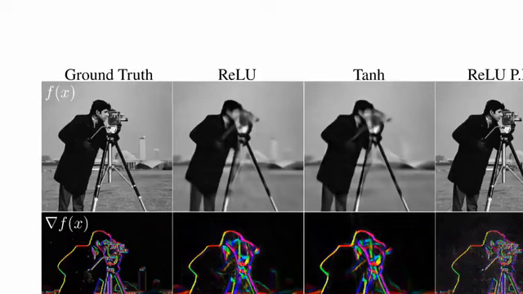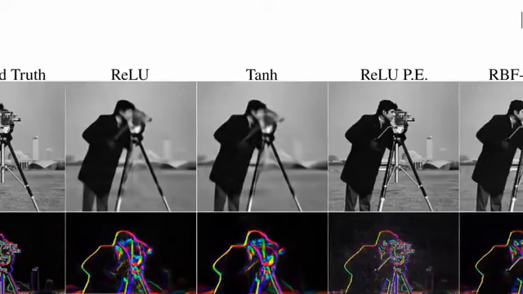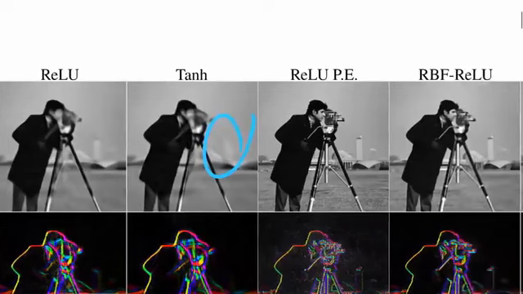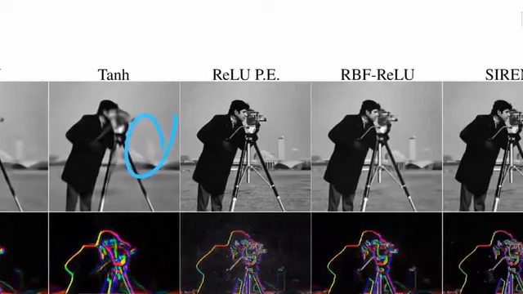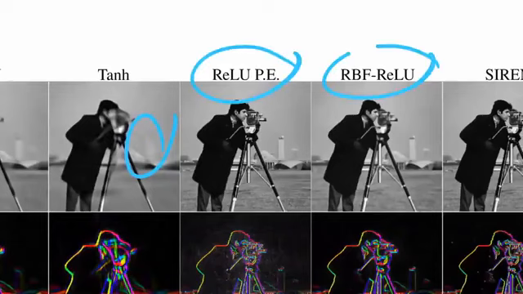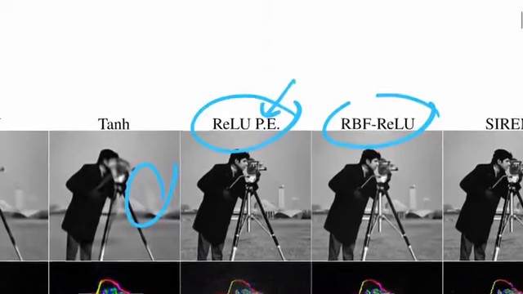And as we'll go on to see, it's not just about images. But images are a nice example of a natural signal. So the TanH networks, you also see, I think they fail even harder. They have these artifacts back here even. And this here, it gets better when you do ReLU networks with what is called a positional encoding.